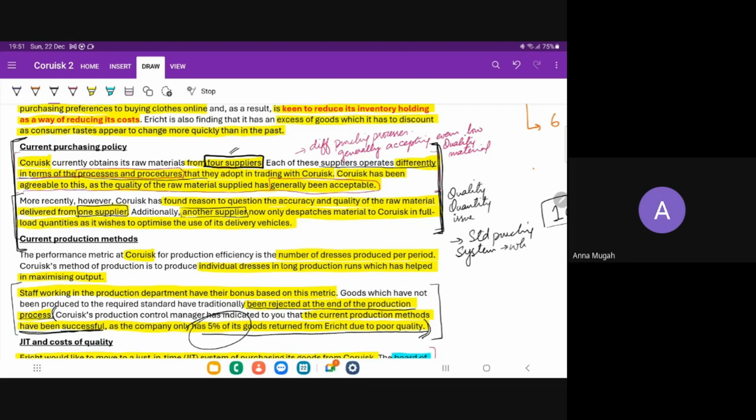Because if your suppliers have different processes, then it can end up in errors or delay in dispatch, delay in securing raw material, because the terms and conditions are different, and suppliers won't be able to supply you on time, right?